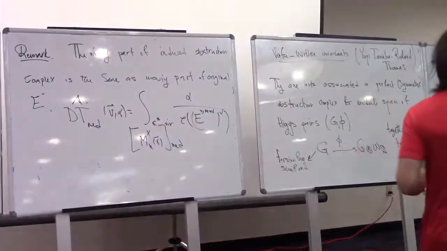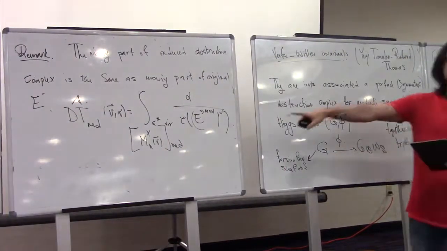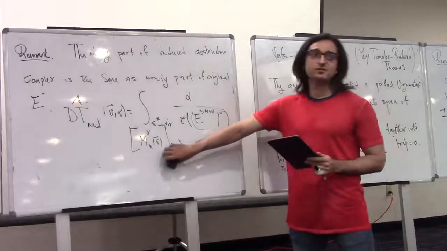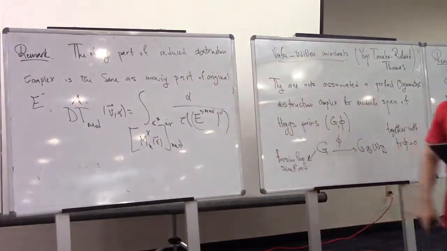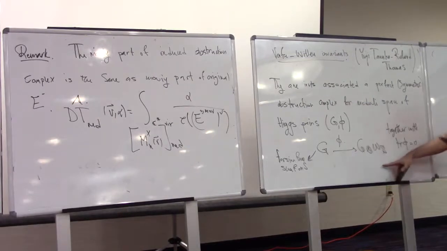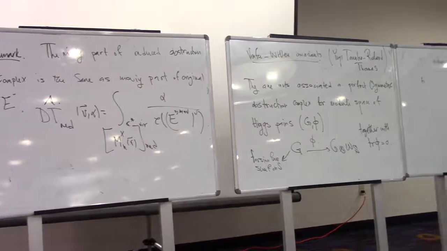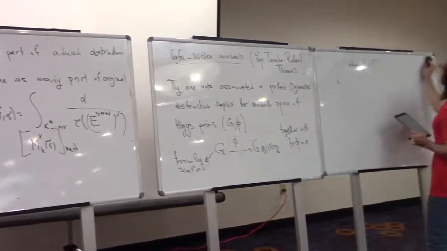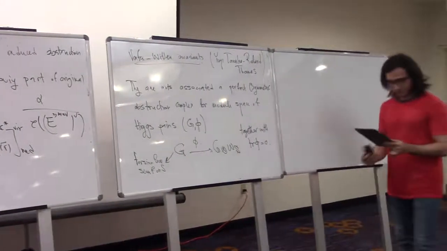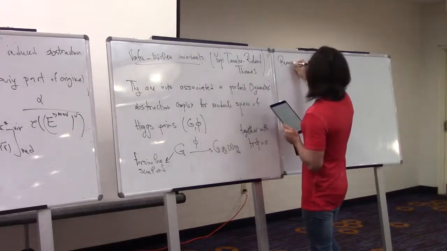And the idea is that the Vafa-Witten moduli space is actually related to this moduli space of torsion sheaves on the threefold. And I will give you an example so that you will see how Higgs pairs on the surface relate to sheaves on this threefold. So here are some facts, some remarks.